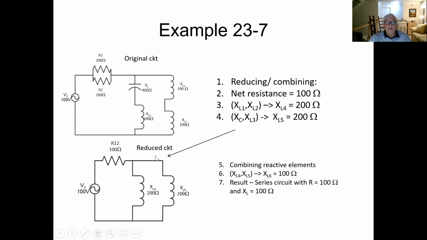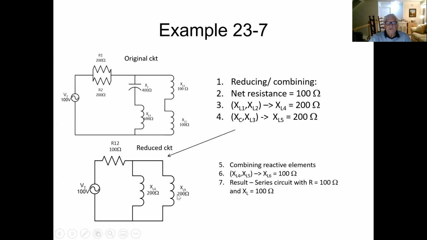Okay, so here's a case where we can create these two as 100 ohms. First, this one is going to be 600 ohms versus 400 ohms. The difference is 200 ohms, 200 ohms inductive because the inductor is greater than the capacitive. Here, this is totally inductive, so you add those two to 200.